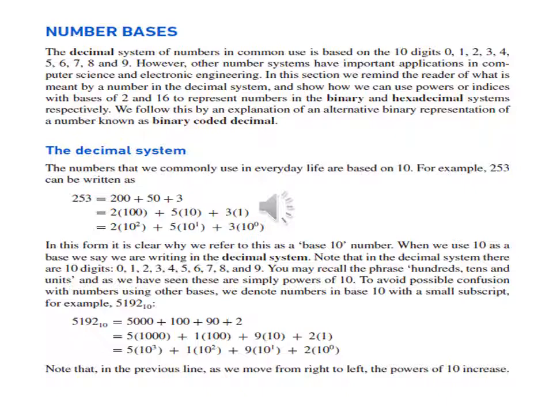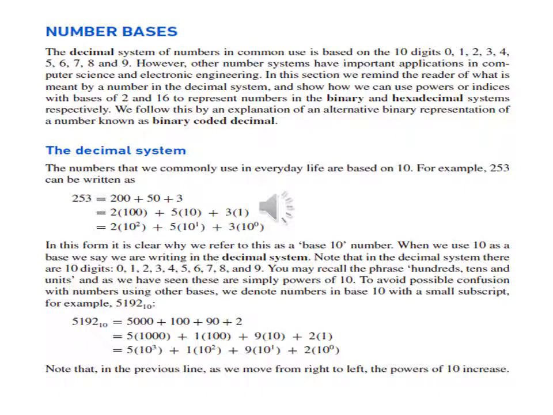What is the meaning of binary coded decimal? The decimal system, the numbers that we commonly use in everyday life, is based on 10. For example, 253 can be written as 200 plus 50 plus 3, which is 2 multiplied by 100, plus 5 multiplied by 10, plus 3 multiplied by 1.